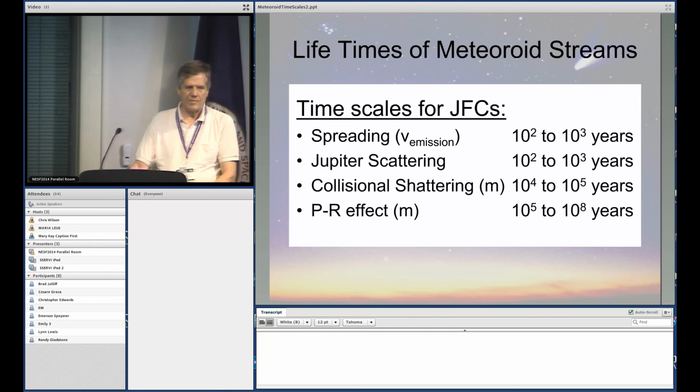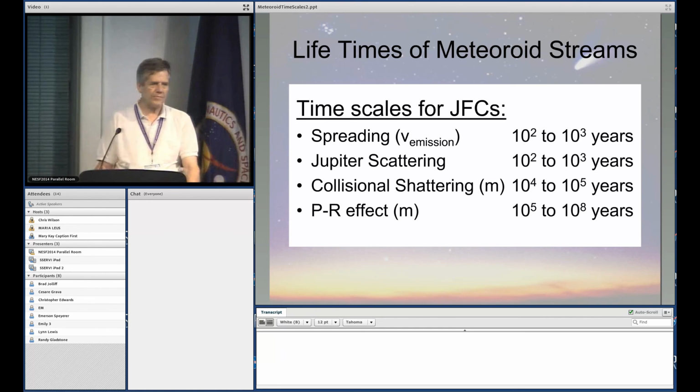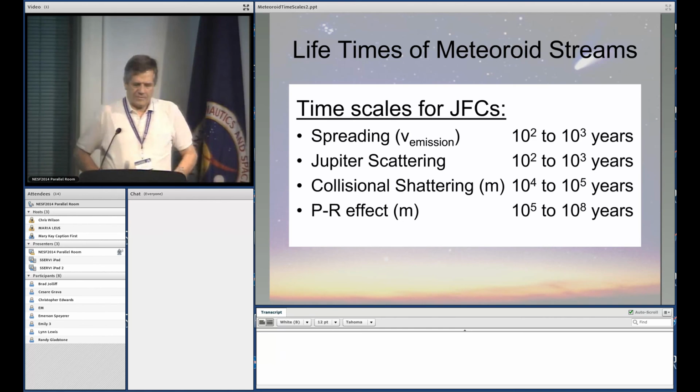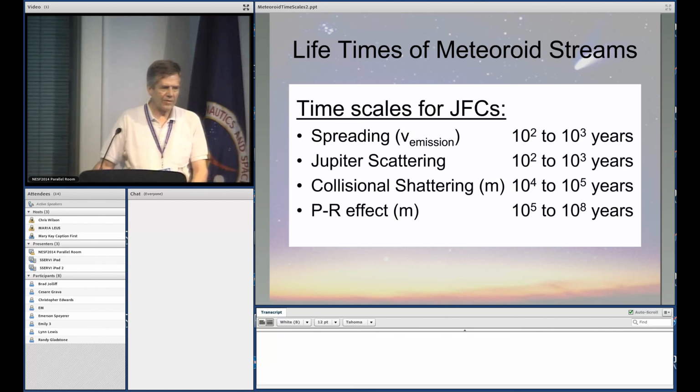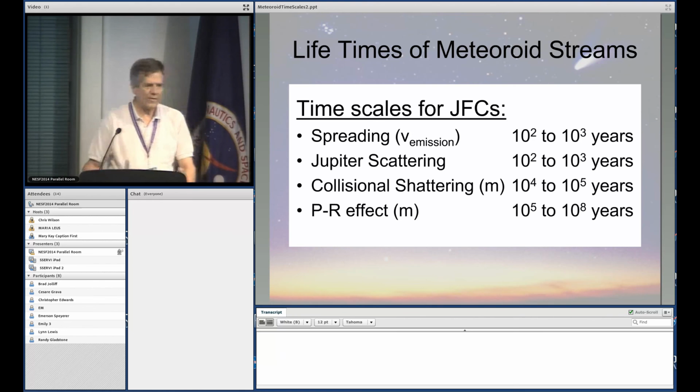Yes. I've got a question about the model that you're using for the orbital dynamics. So you start out with a population of basically non-interacting particles and then set them off, or how do the original particles, when you're doing the spreading, behave?